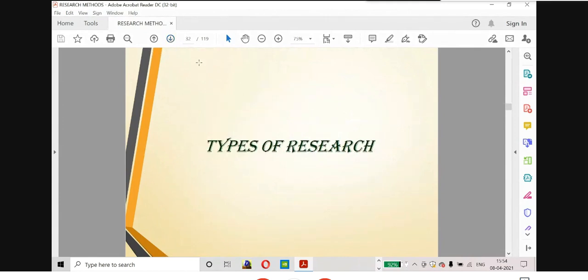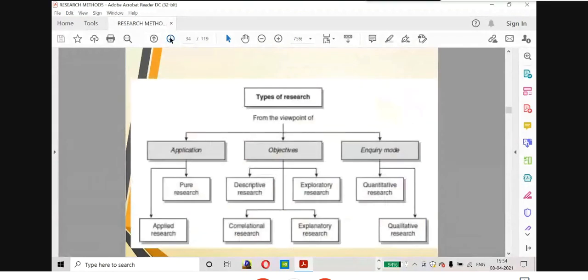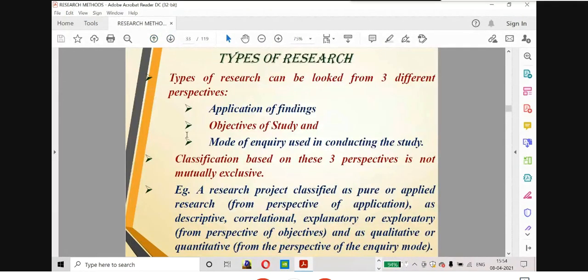Now, types of research. I have already discussed the types of research, but let us once again discuss them in a different way. Types of research can be looked at from three different perspectives.